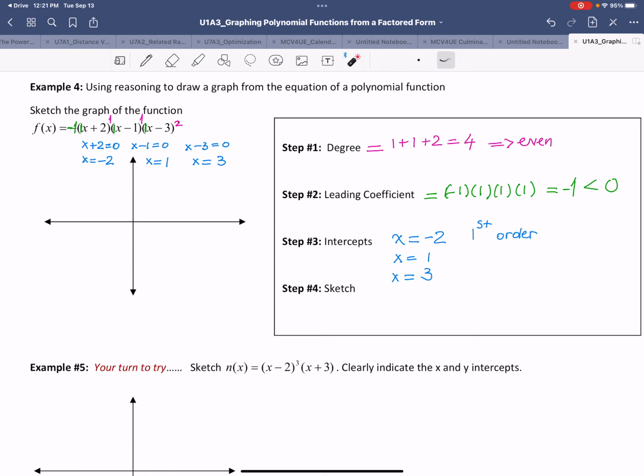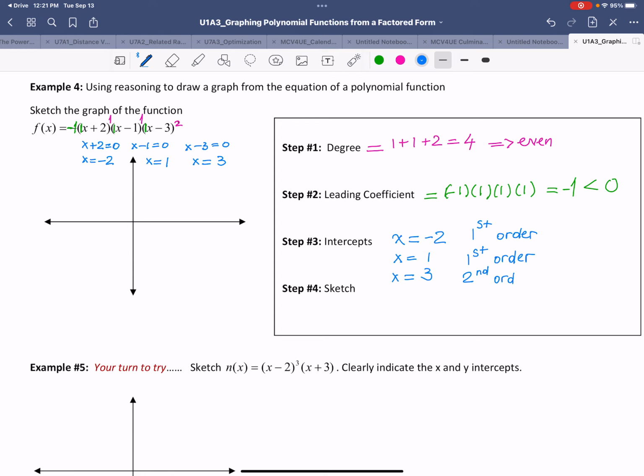Similar to this, x equals 1 coming from a factor x minus 1 to the power of 1 means that this is another first-order x-intercept. And lastly, x equals 3 is an x-intercept that derives from x minus 3 to the power of 2. Because the power is 2, we call this a second-order x-intercept.